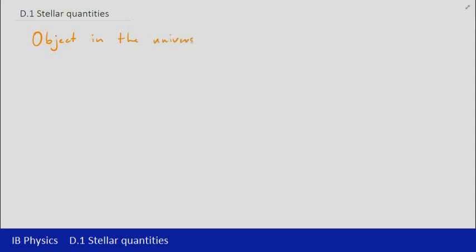Now, some of these definitions are not necessarily hard and fast, and so we're just going to use some explanations to distinguish between some of these objects. Now, the first one that we're going to deal with is a planet. As we'll jot this down, there's a few things that are particular about planets, and I should mention here that this definition is basically just about our solar system.